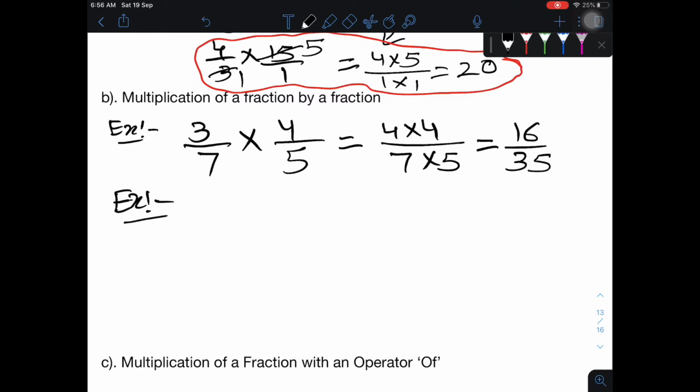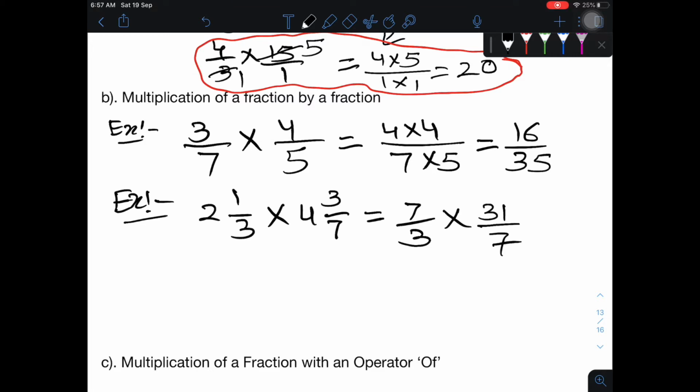If it is given in mixed fraction, 2 1 by 3 multiply by 4 3 by 7, then how will you do it? Just convert it to improper fraction. 2 threes are 6 and 1, 7 by 3, multiply. Now convert the second fraction to improper. 7 fours are 28 plus 3, 31 by 7.